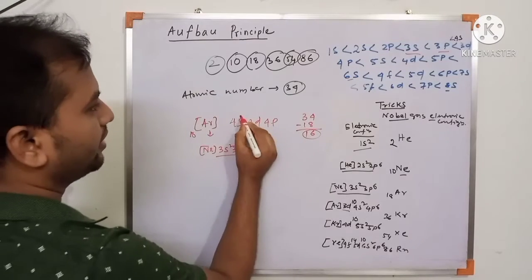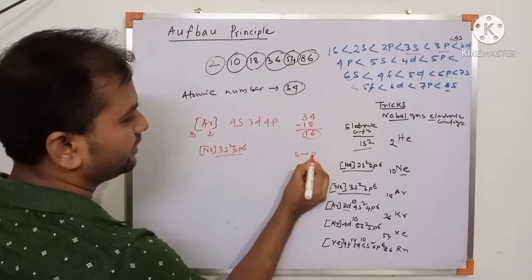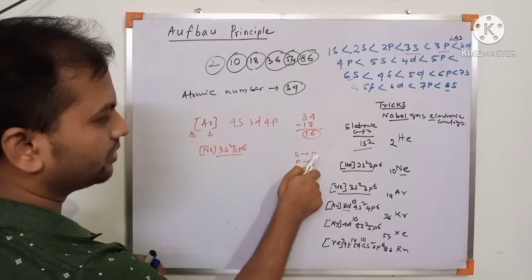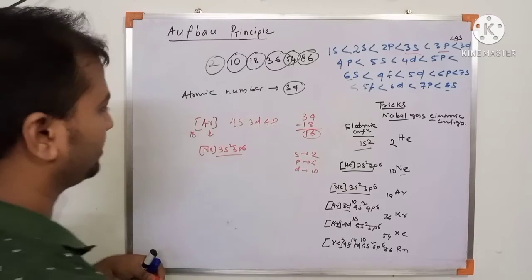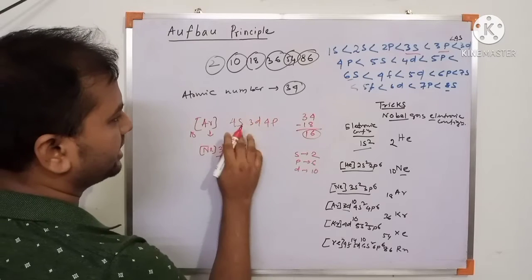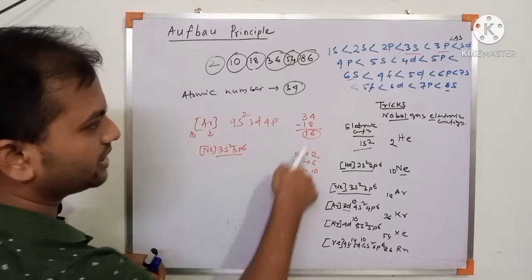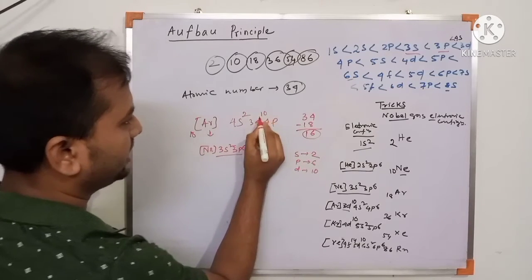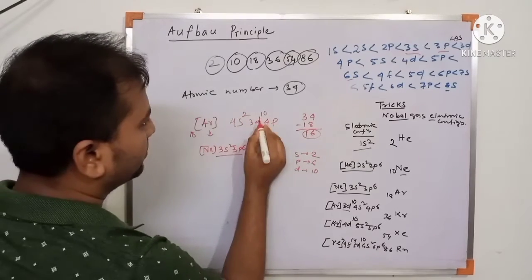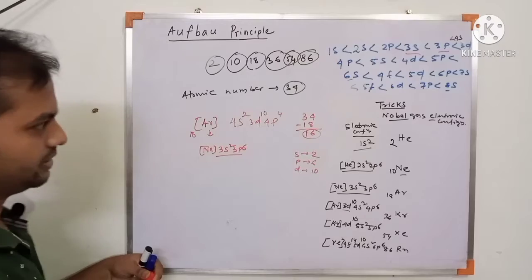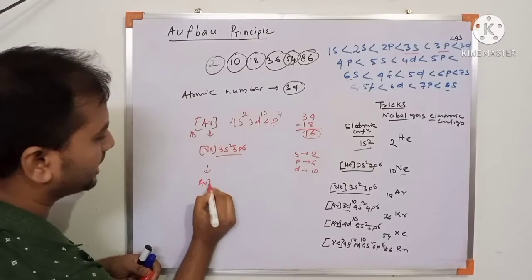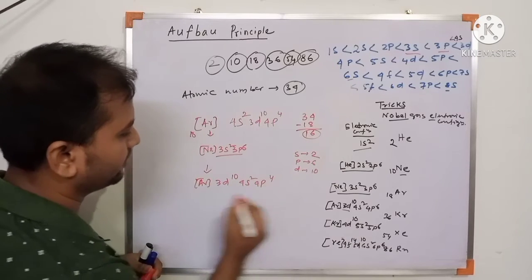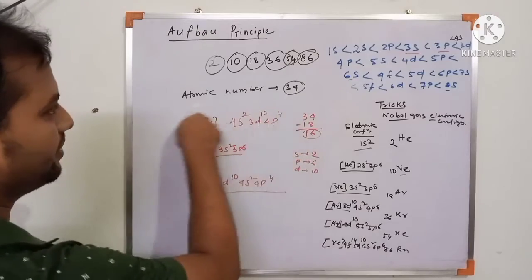Now s holds 2 electrons, p holds 6 electrons, d holds 10 electrons. First the lowest energy s takes 2 of the 16 remaining, d takes 10, so 10 plus 2 is 12, and the remaining 4 go to p. So the electronic configuration is argon 3d10 4s2 4p4. This is the electronic configuration of atomic number 34.